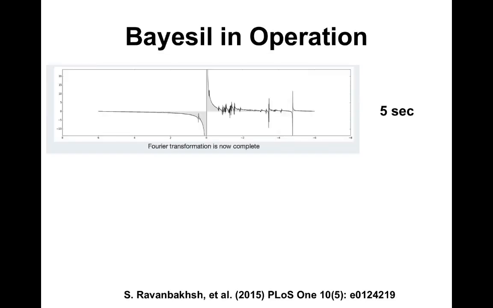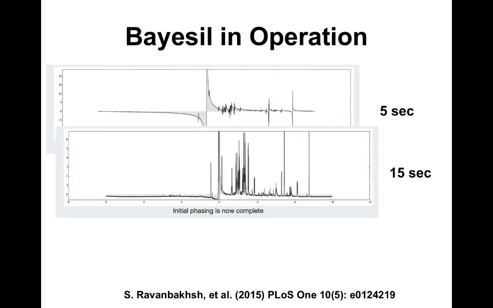So within about the first 5 seconds, the spectrum is Fourier transformed. So this is what it initially looks like. At that stage, it looks pretty awful. This is after phasing. So this is correcting, so the peaks have gone from dispersive to absorptive phase. And you can start to see that it looks a little bit more like an NMR spectrum.